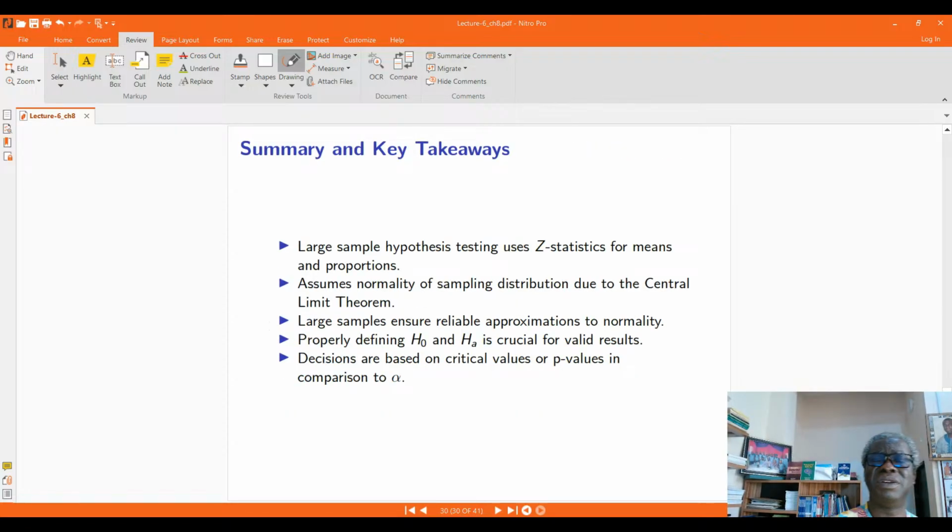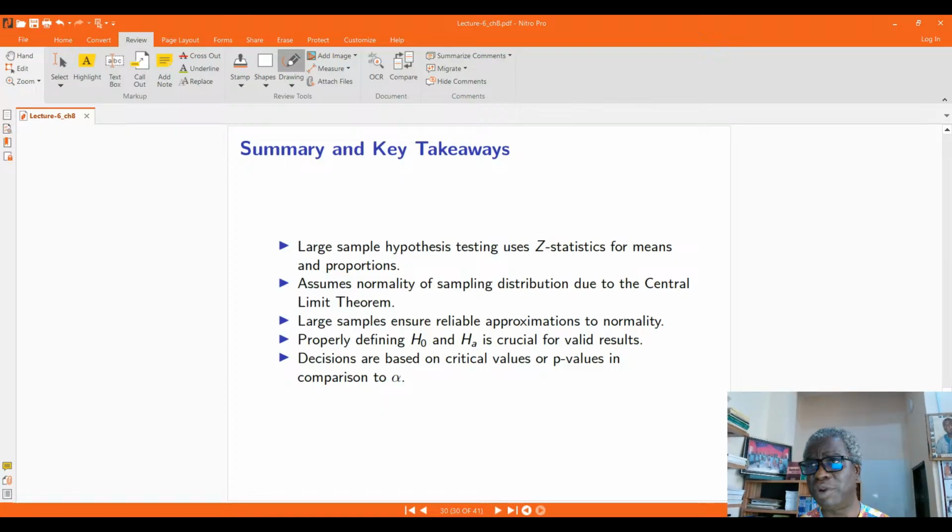So, in summary, large sample hypothesis testing uses the Z statistic. And whether you are dealing with the means, I told you earlier, you deal with the means when you are dealing with quantitative measures.